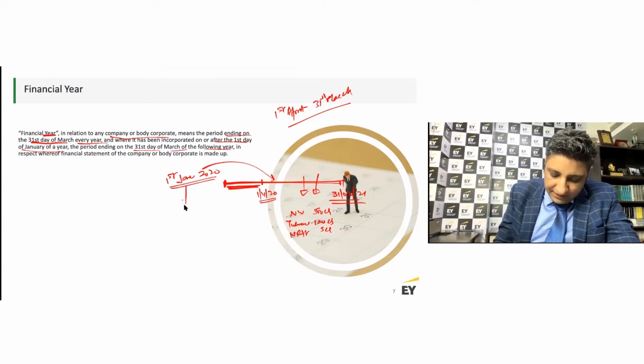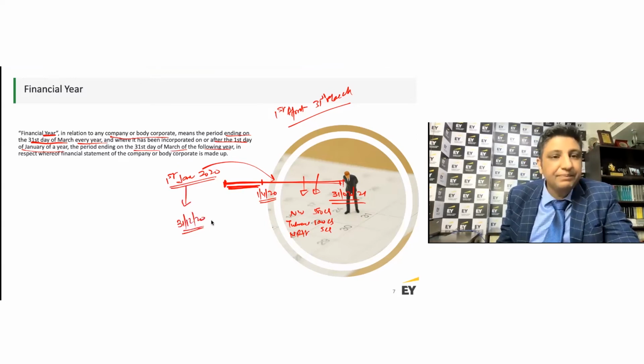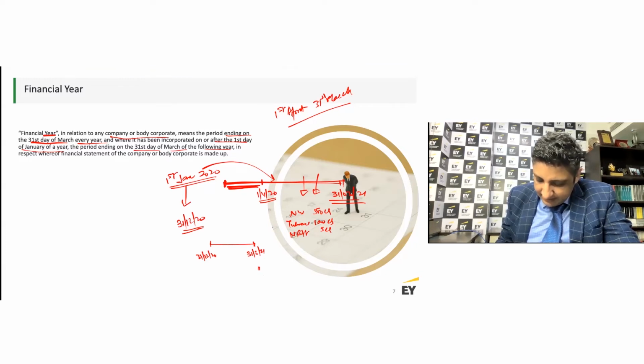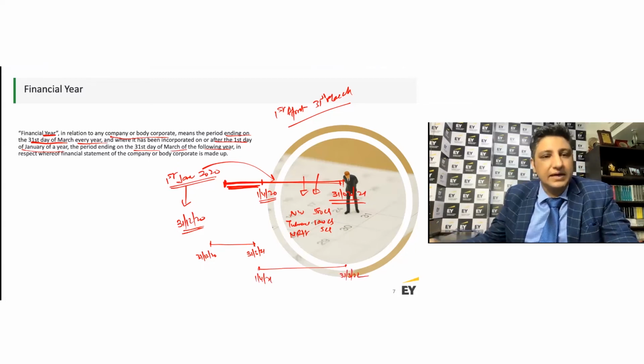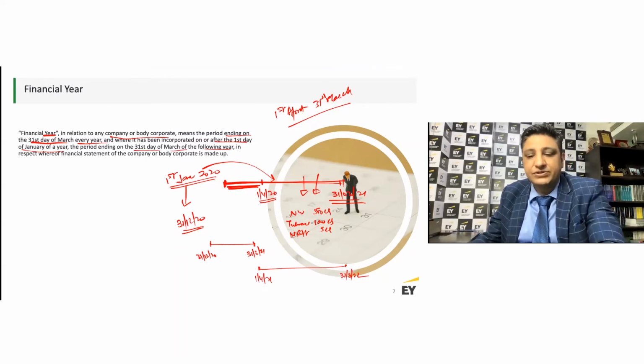But yes, if the period were 31st of December 2020, then your financial year is 31st of December 20 to 31st of March 21. And then the next year will be 1st of April 21 to 31st of March 22. That's how you start looking at the relevance of the definition of a financial year.